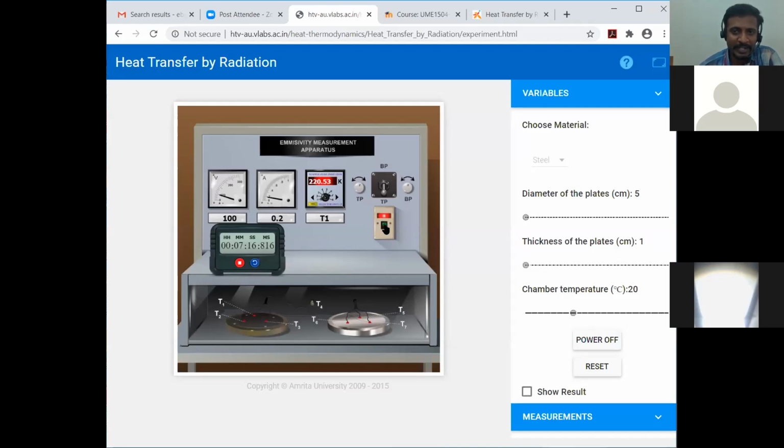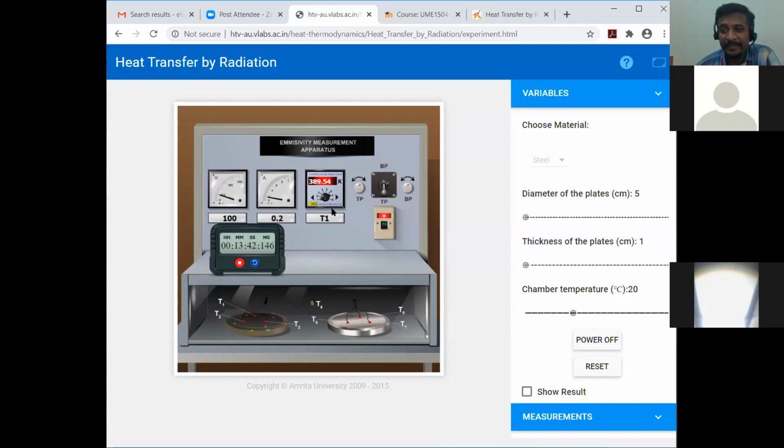If you try to record in your observation after every 20-30 seconds or 1 minute, you will also get the same kind of temperature variation in your observation. The way that it is increasing, you will have the same increasing values. Generally in our laboratory, we won't give 100 volt.